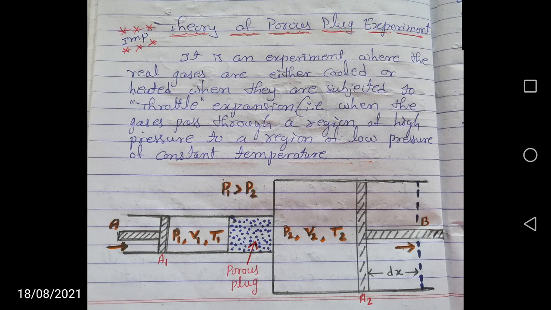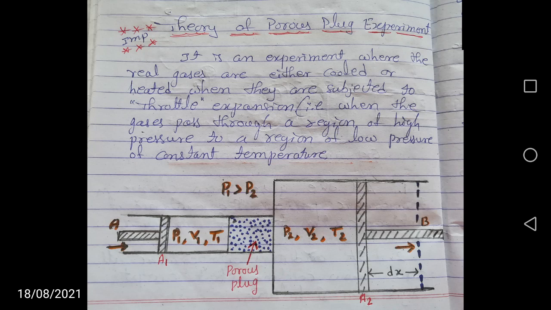So here you can see the diagram. Initially, the pressure of the gas in the cylinder A1 is P1, volume V1 and temperature T1.